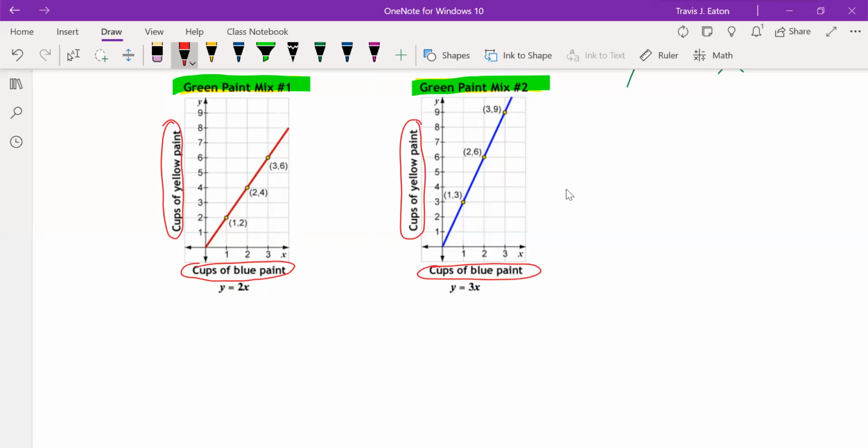I want you to also notice that the lines that run through both of these graphs are straight lines. And something else you need to notice is that they both pass through the origin.